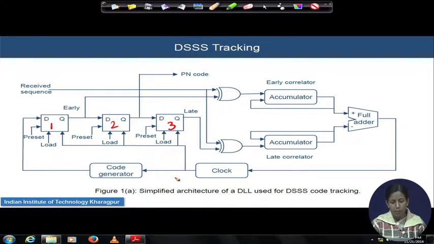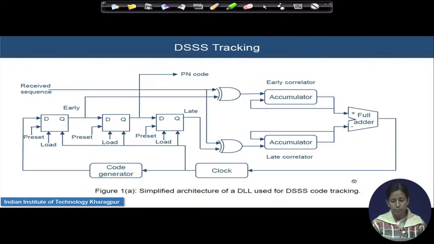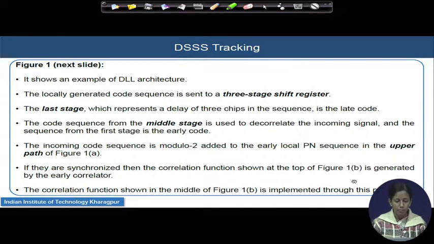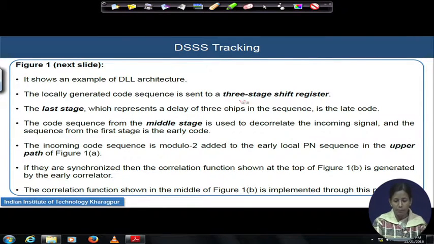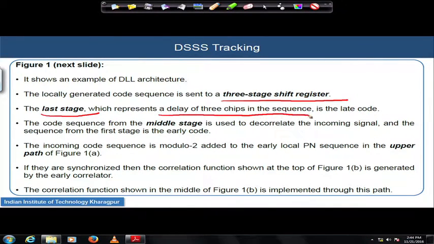So, that is all about understanding the architecture of the whole circuit, and let us look now at how this circuit is performing a tracking job. As I explained, there are 3 stages of the shift registers in the circuit. The last stage, which represents a delay of 3 chips in the sequence, is the late code.